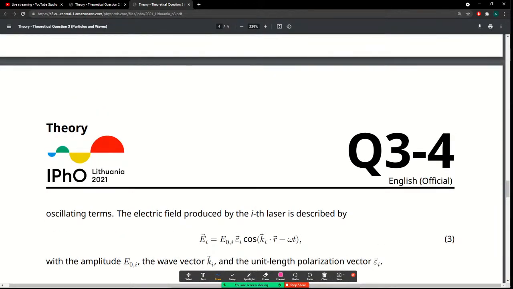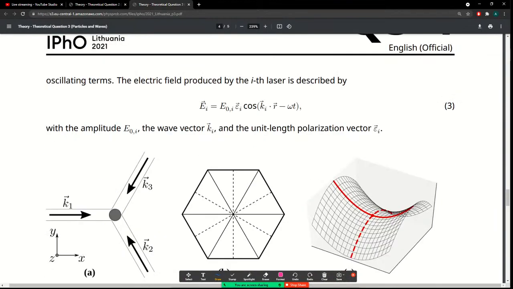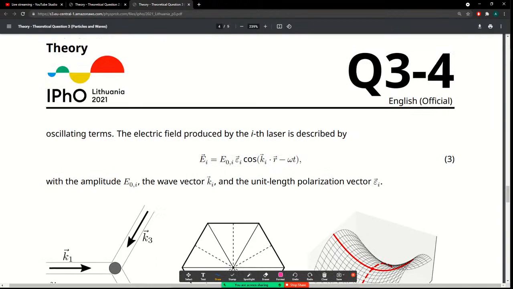What is the wave vector k1 vector? I think it's like, what's the units? It's like the direction where the wave propagates, I guess. Okay.